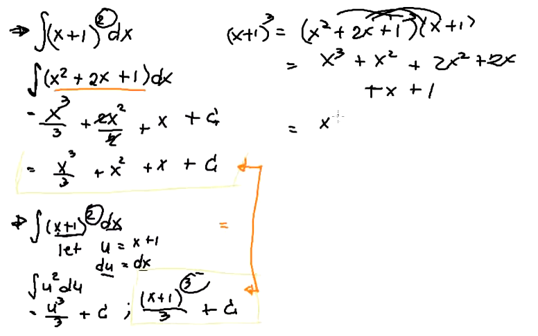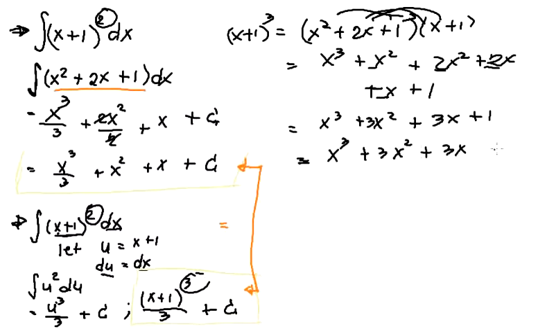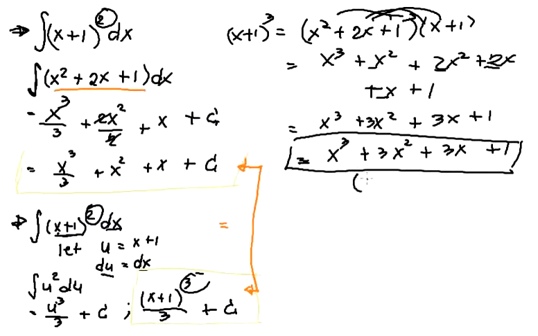So we have x³ + x², 3x², so 1 plus 2 is equal to 3, plus 2x plus 1x, then we also have 3x + 1. So what we have left here is just x³ + 3x² + 3x + 1. So this is our (x + 1)³.